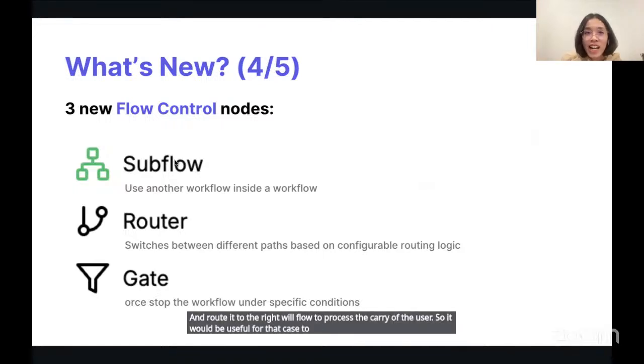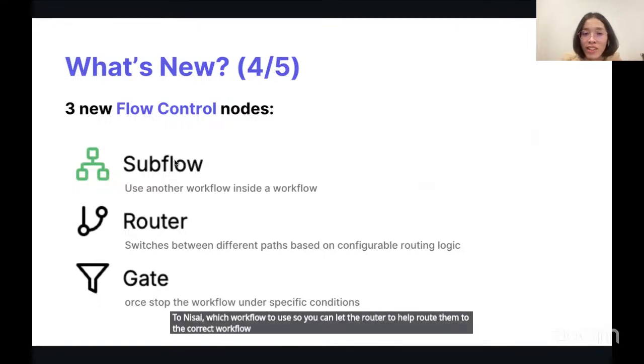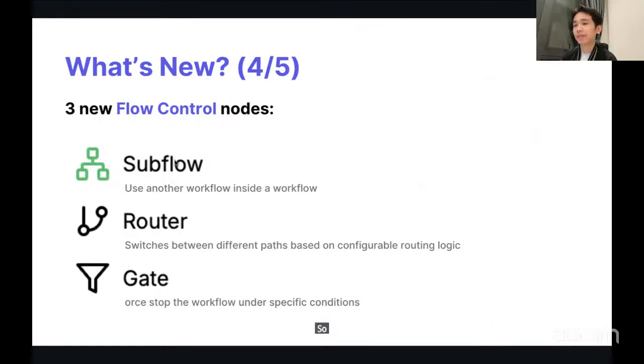In case you have like 10 different workflows to share with the user, the user may find it hard to decide which workflow to use. So you can let the router help route them to the correct workflow, and that's what you can use the subflow for. So the subflow is very interesting.